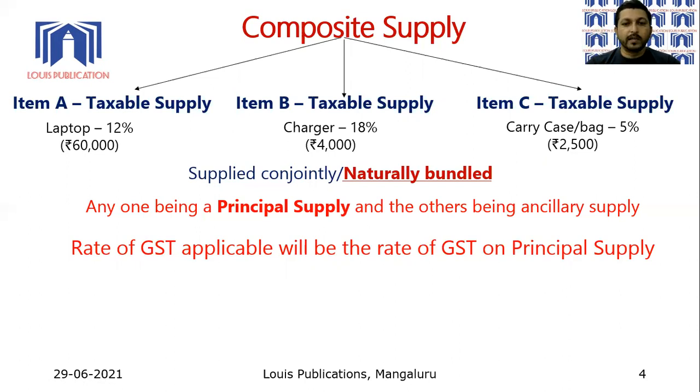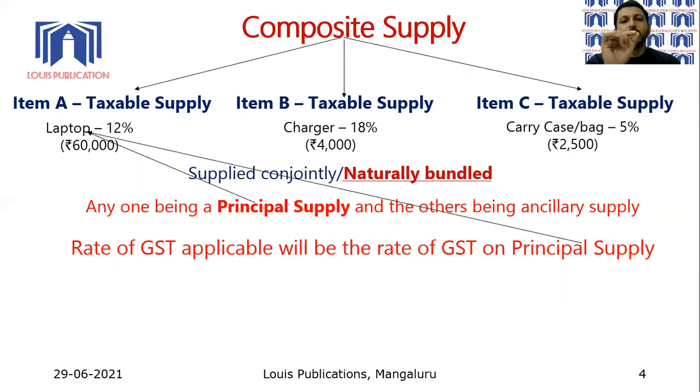Now, how do we understand the concept of principal supply? Understand, laptop becomes the principal supply. Why? If not for the laptop, I don't think any person would have been interested in buying a charger or a carry case. Actually, when we buy a laptop, the carry case and charger come together. Though I have given separate prices, I have given them only for understanding. Remember, in the bill, you will have just one single price.